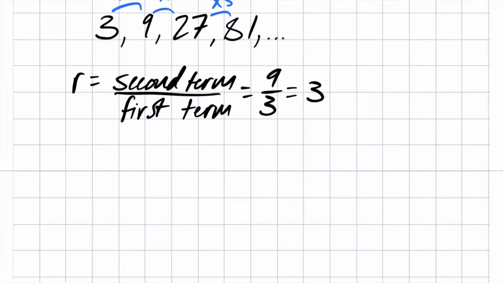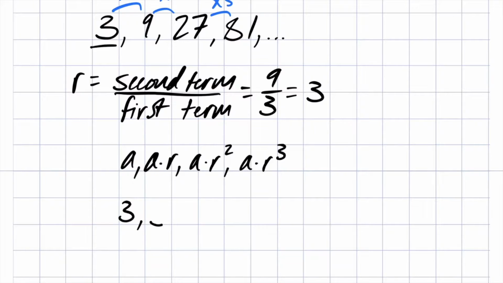Okay? That's our ratio. Now, according to what we know already, we know that the general form is A, A times R, A times R squared, A times R cubed. So in this case, A is going to be 3, because it's the first term in the sequence. We'll do 3, 3, 3, 3. Multiply, multiply, multiply.